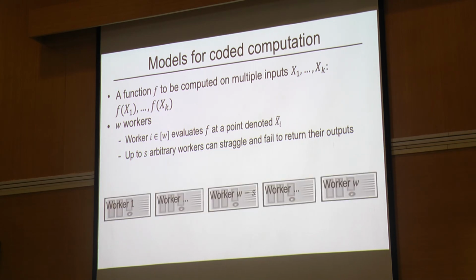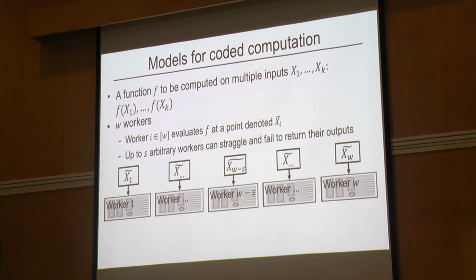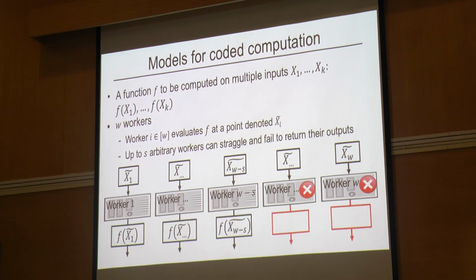So in this case, again, workers would be given X_i tildes, right, the encoded form. It's just that some of them will not return the output because they are straggling. And now the decoder needs to use W minus S outputs to decode, because W is the total number of workers. Okay, so this is the framework that we will continue with for the rest of this part on coded computation, right?